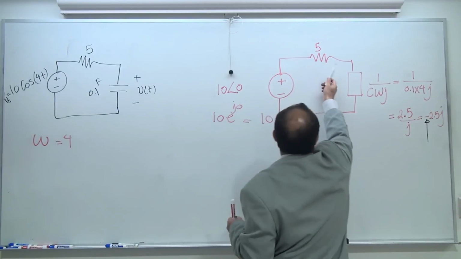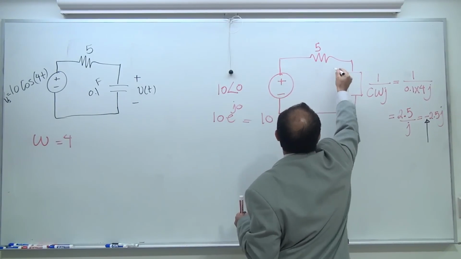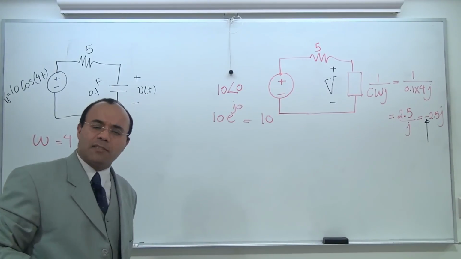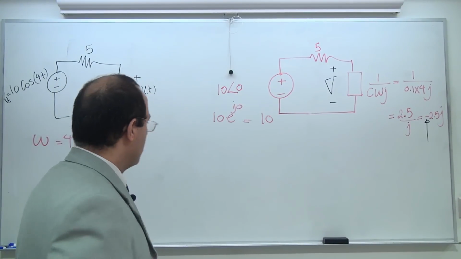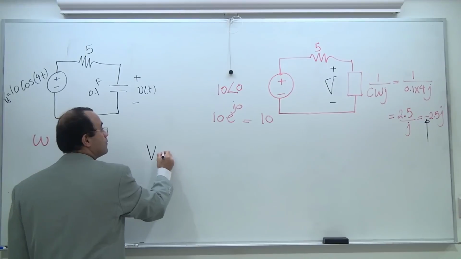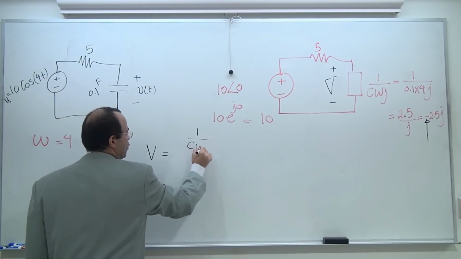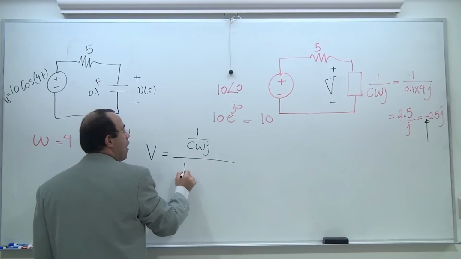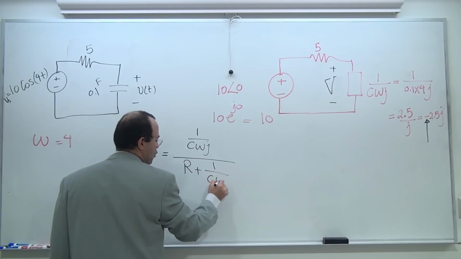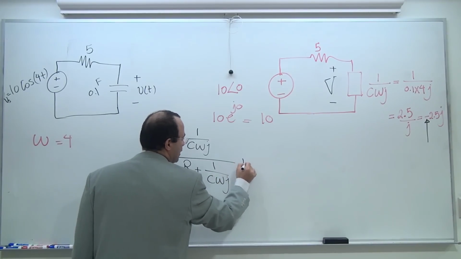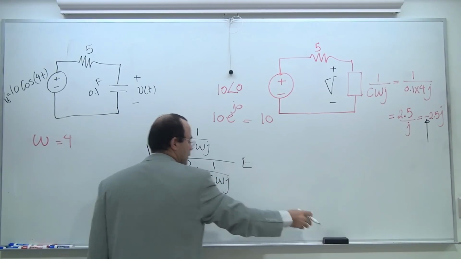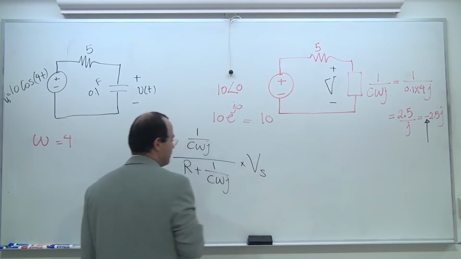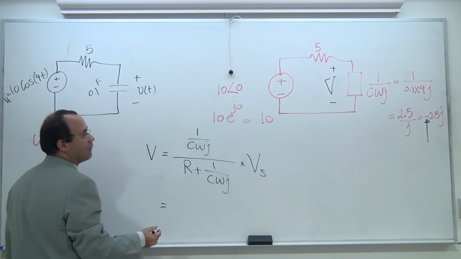I have a resistor, I have an incoming source, and I'm going to write this down in capital V. How much is that? You remember the voltage division principle we applied? You can do it. V is equal to 1 over C omega j, the R rule, divided by R plus 1 over C omega j, times incoming voltage, which I'm going to call capital S. Okay, so what do I have?